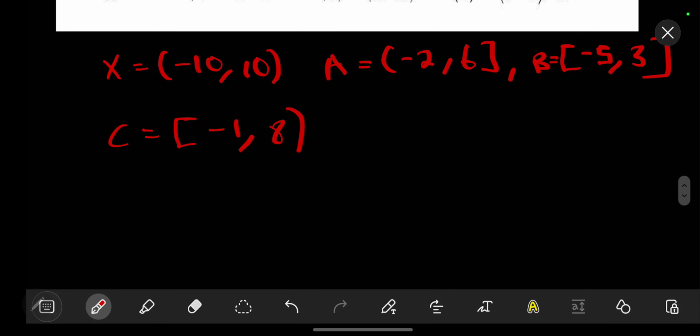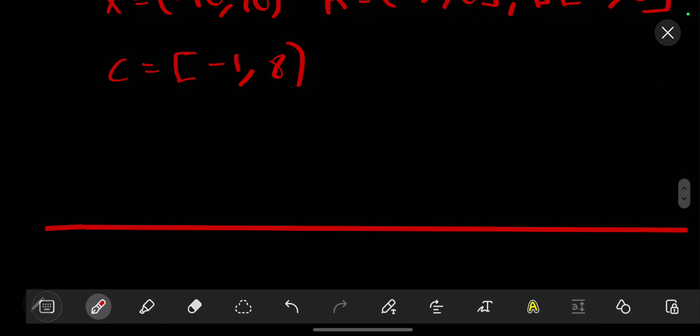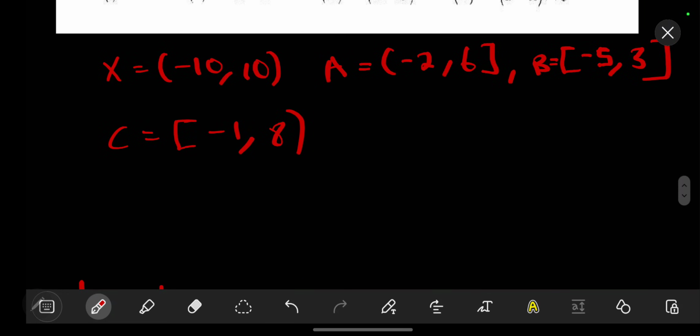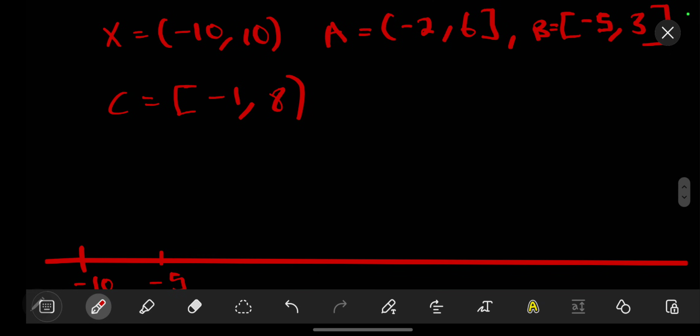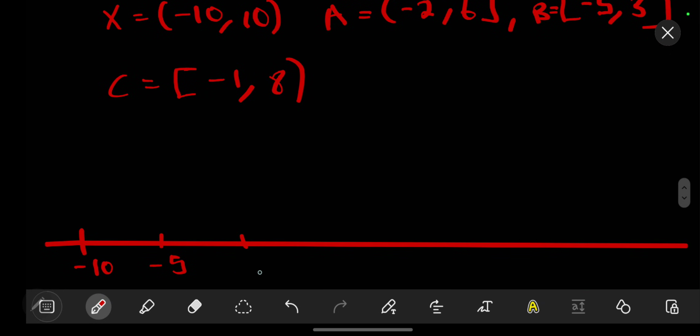Then we have our smallest value, which is -10, then our other value is -5, so we are following our negative 5 there, then followed by our negative 2. So we have our negative 2, then our negative 1 like that.